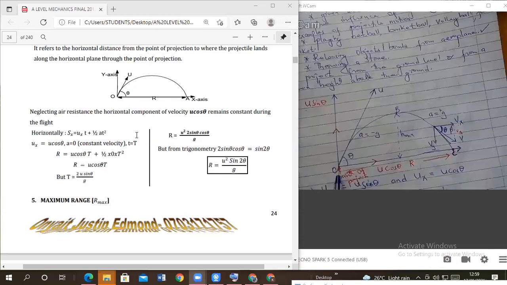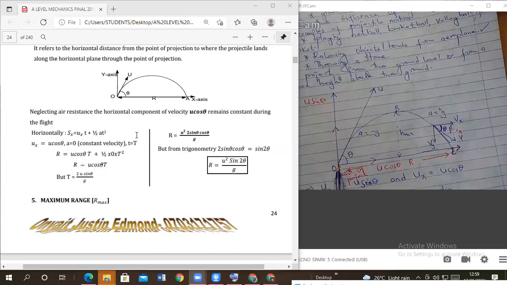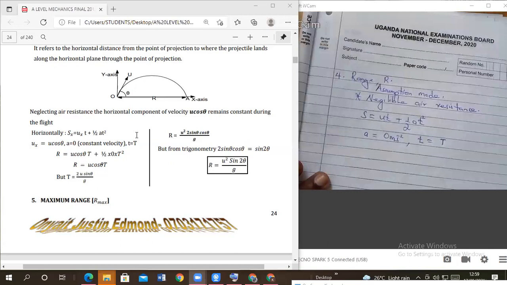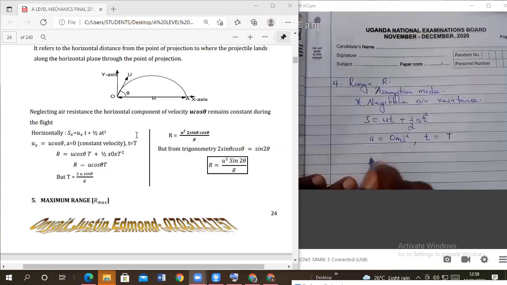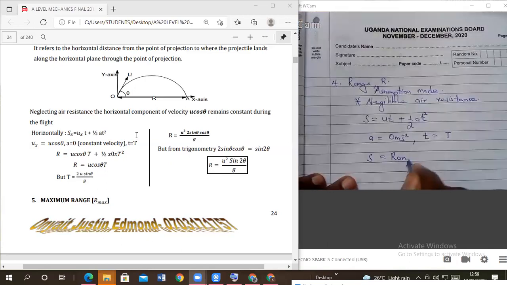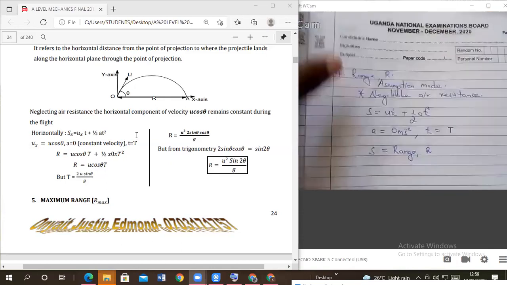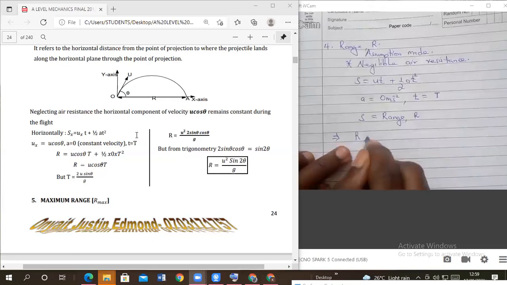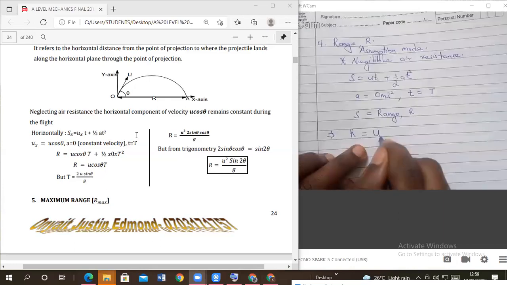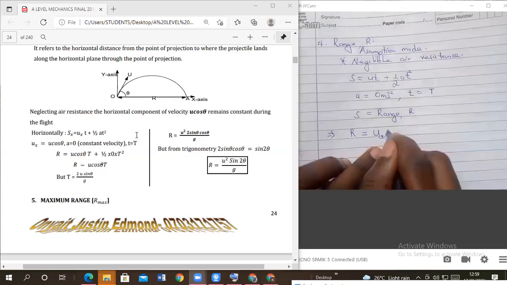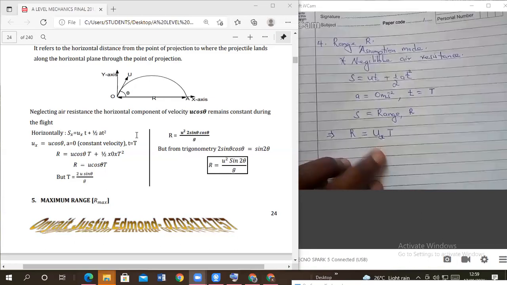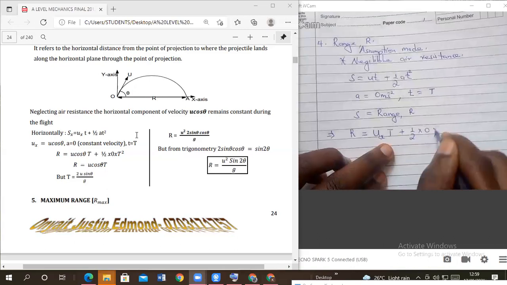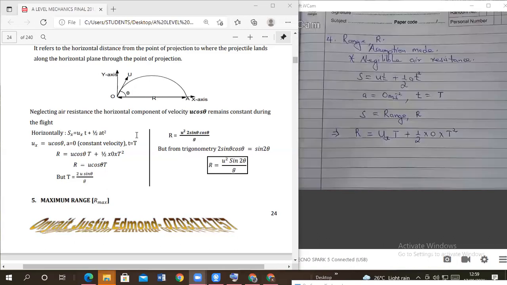And that time taken to move from here up to here is called the time of flight, which we have already derived. So let's look at our substitution. Our S will be the range R. So R is equal to UX times T, plus half times 0 times T squared.